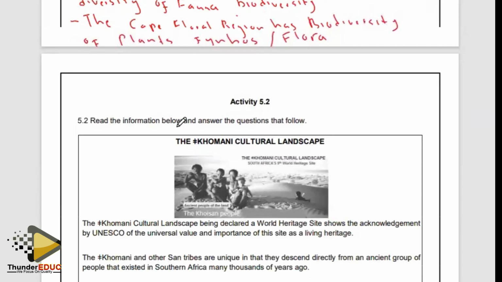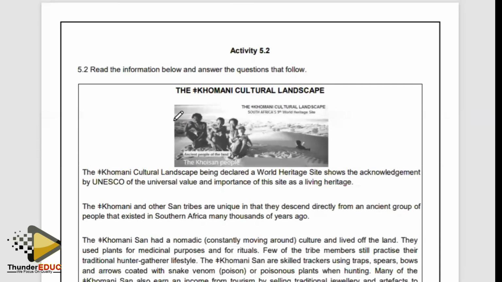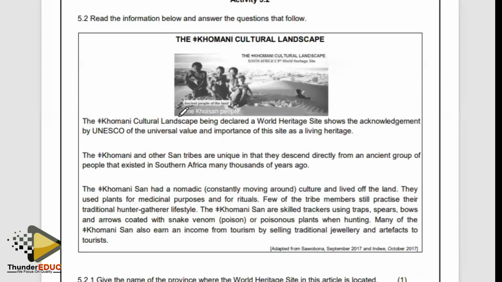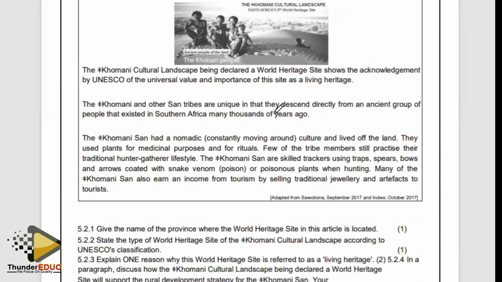So the next one reads: read the information below and answer the questions that follow. The Khomani Cultural Landscape having been declared a World Heritage Site shows the acknowledgement by UNESCO of the universal value and importance of this site as a living heritage. The Khomani and other San tribes are unique in that they descend directly from an ancient group that existed in southern Africa many thousands of years ago. The Khomani had a nomadic, constantly moving culture and lived off the land.